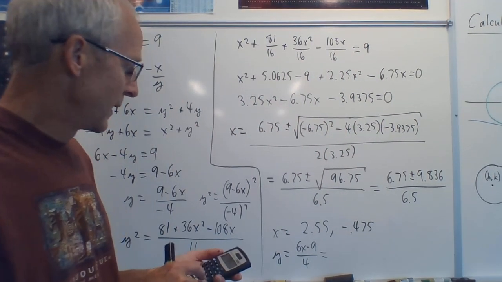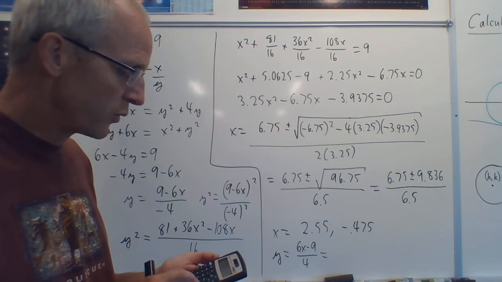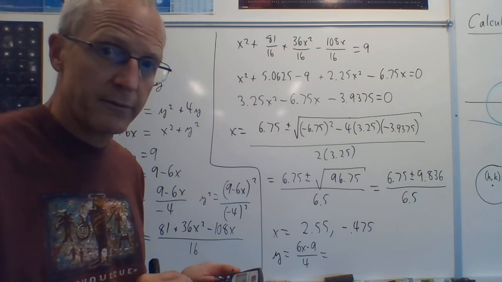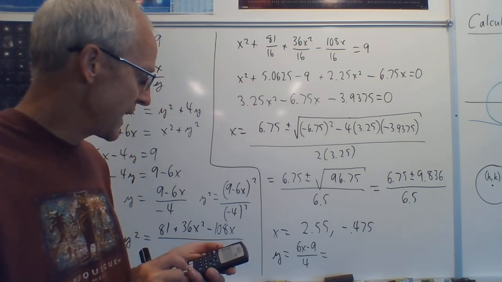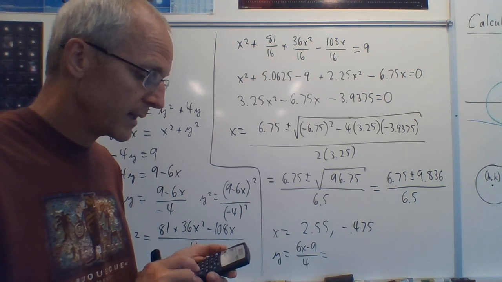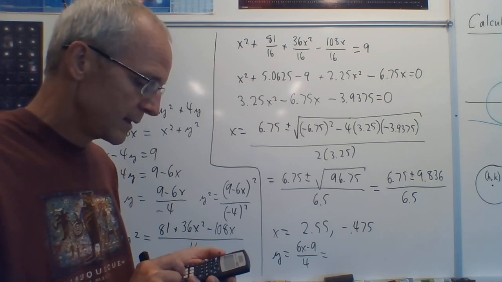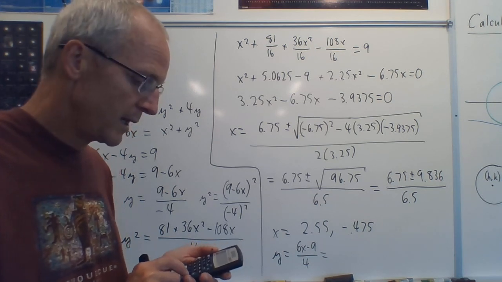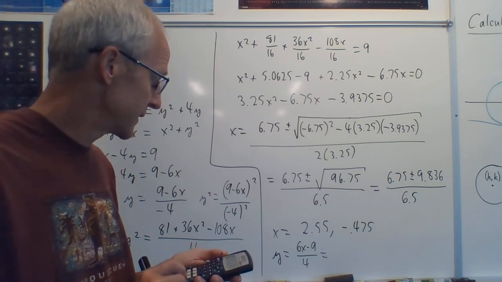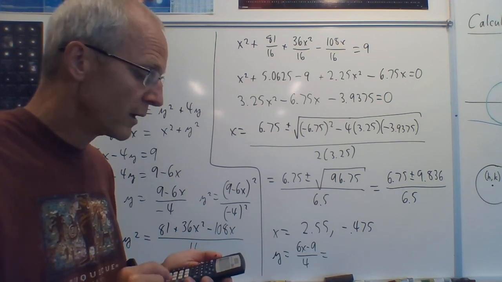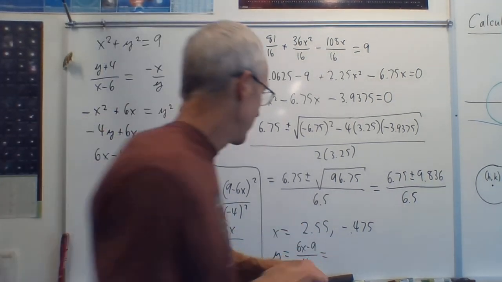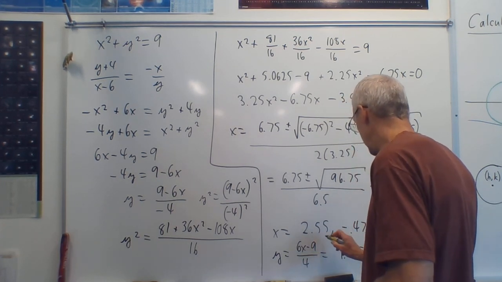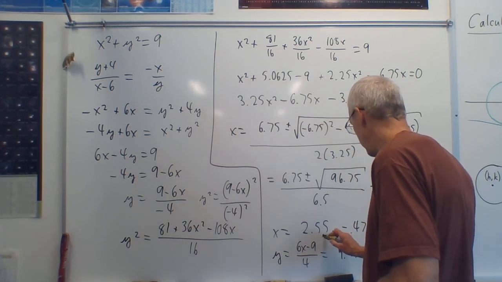So let's see. If x is 2.55, 6 times 2.55 equals 15.3, minus 9 equals 6.3, divided by 4 equals 1.575. So that 1.575 goes with the 2.55.